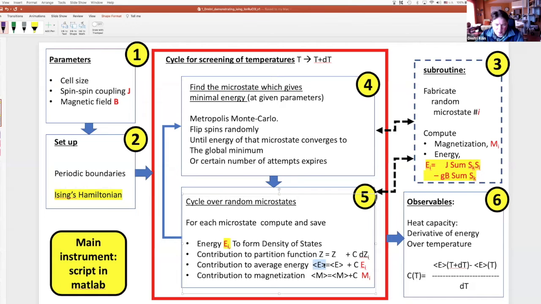Prior to computing these contributions to internal energy, to total energy, one needs to make sure that the partition function and energy that we are computing does include the global minimum if it is available.